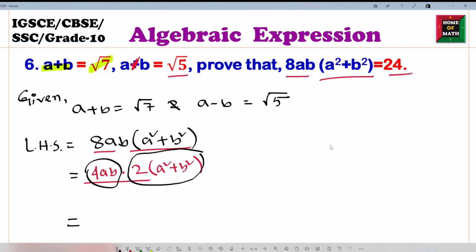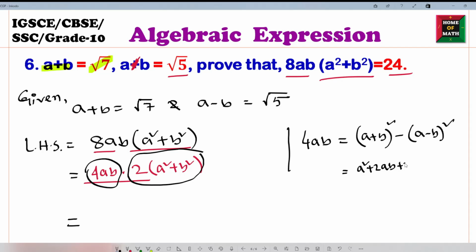So we know 4ab means a plus b whole square minus a minus b whole square. Hope you understand this, because we will get it like this: a square plus 2ab plus b square, and here we get minus a square minus 2ab plus b square.